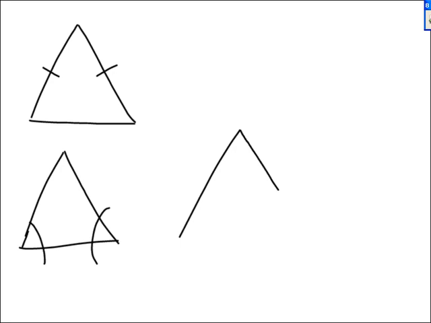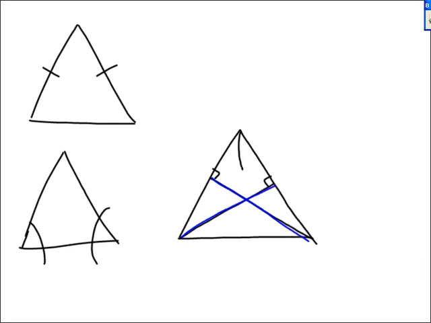Well, now we just learned something new. If the altitudes, these two lines that I just drew in blue, if this length and that length are equal, it is an isosceles triangle. For the record, if all three altitudes are the same, it is an equilateral triangle. And every equilateral triangle is isosceles.